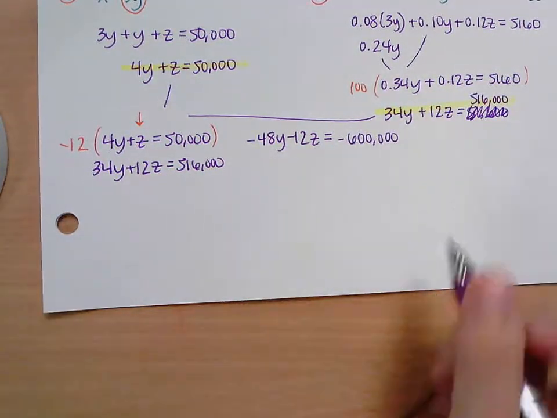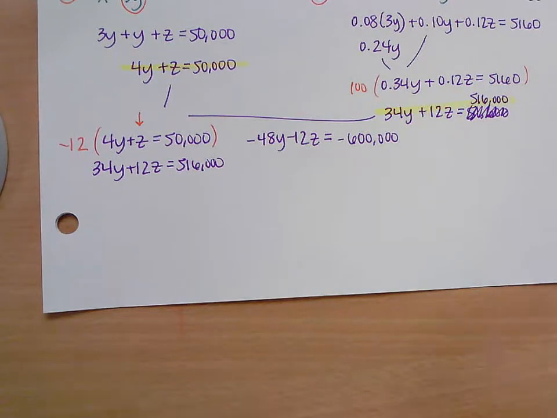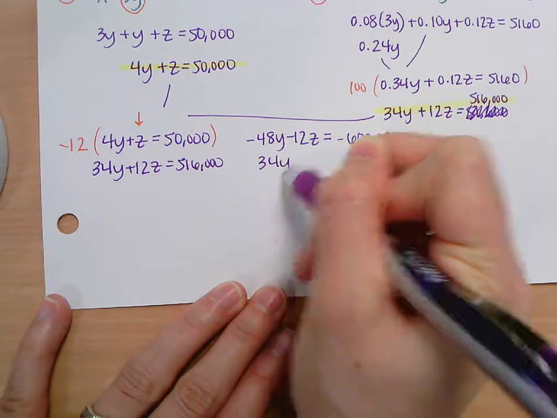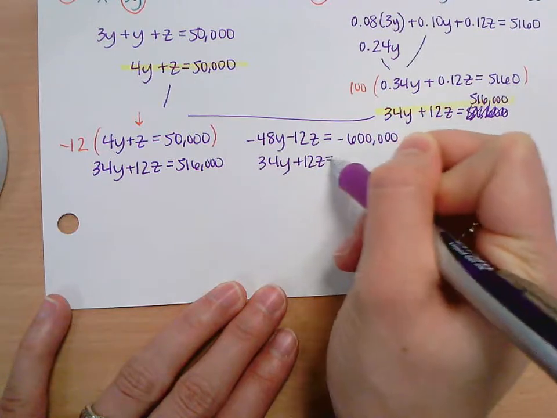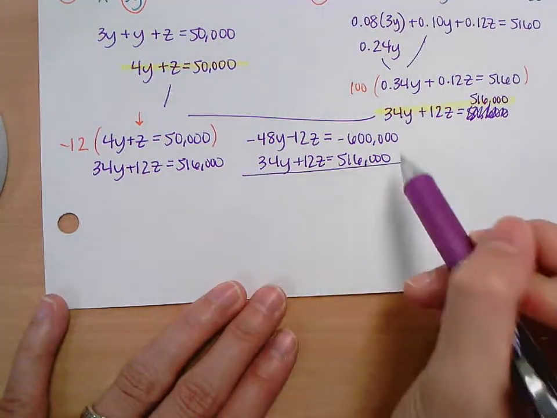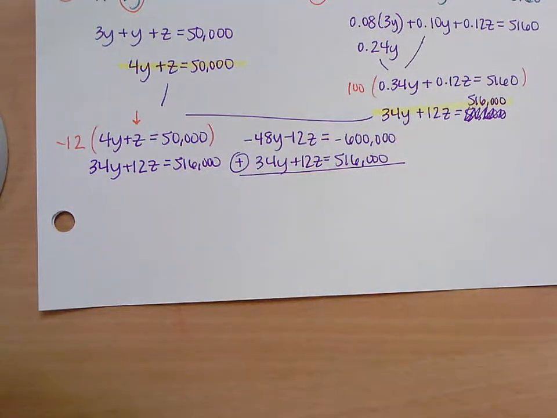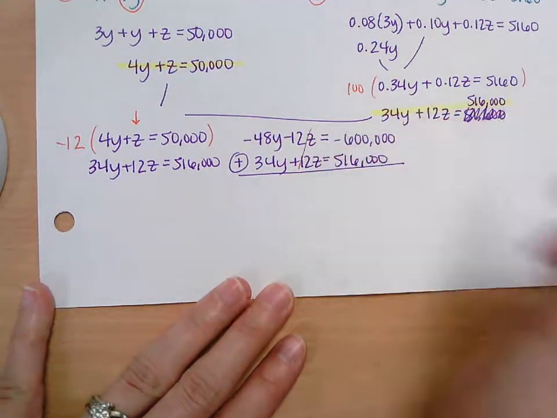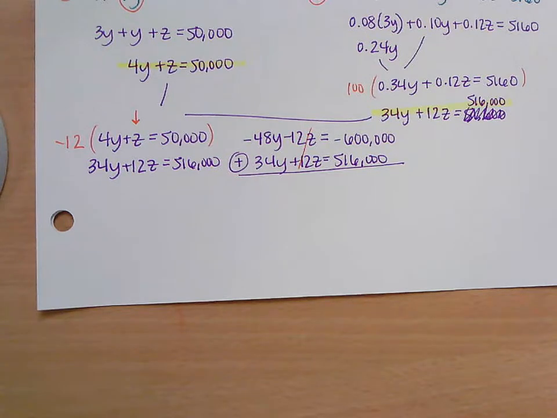All right, I'm just multiplying that top equation by -12, and then I'm keeping my bottom equation the same. So now by adding my equations together, the z's are eliminated.